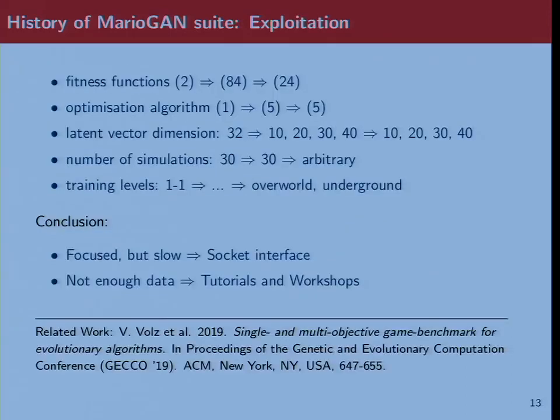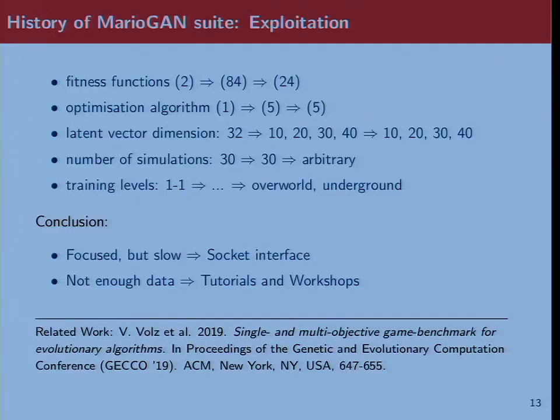How did you come up with this 84? By looking at related work, putting all the different objective functions I found there, I implemented them, put them in there, and then I did some combinations of variations between them, because I added an overworld level generator and an underground level generator, so these can technically multiply the number of functions I have.